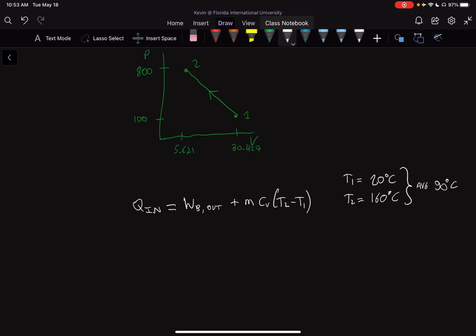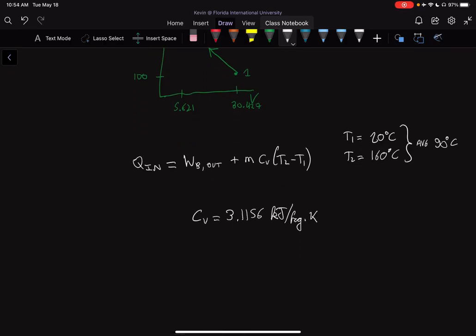I'll leave it to you as an exercise to go to the tables and try to figure it out, and I'll give you the answer now. CV is equal to 3.1156 kilojoules per kilogram Kelvin.